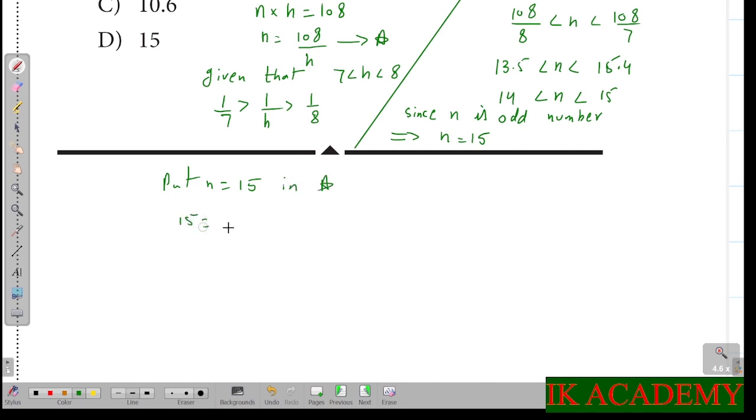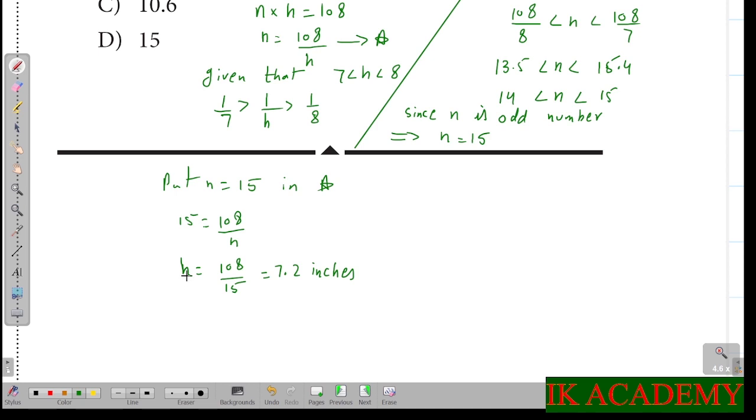So 15 is equal to 108 divided by h. So h is equal to 108 divided by 15, which is equal to 7.2 inches. It means the rise of each stair would be 7.2 inches.